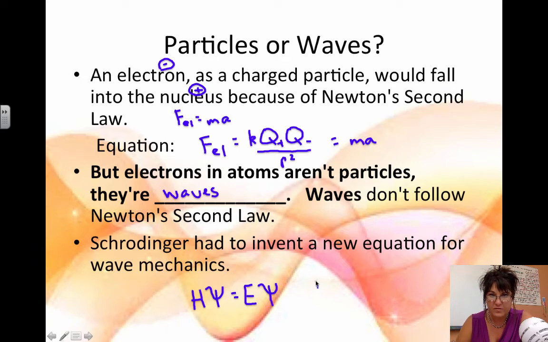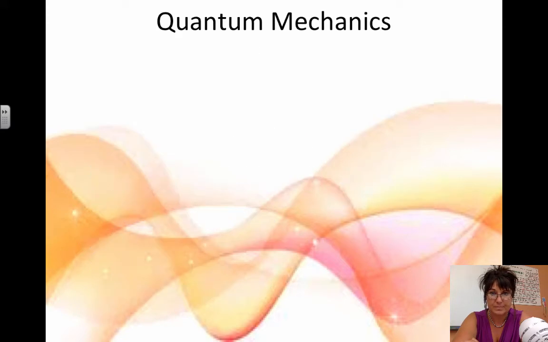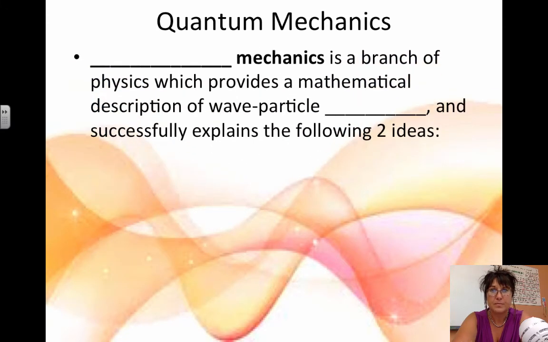It looks very different from Newton's second law, but this describes mechanics for waves. The mathematics here are not something we'll get into in the class, but this is where Schrödinger started with his wave mechanics equations. And this gave birth to the field of quantum mechanics.